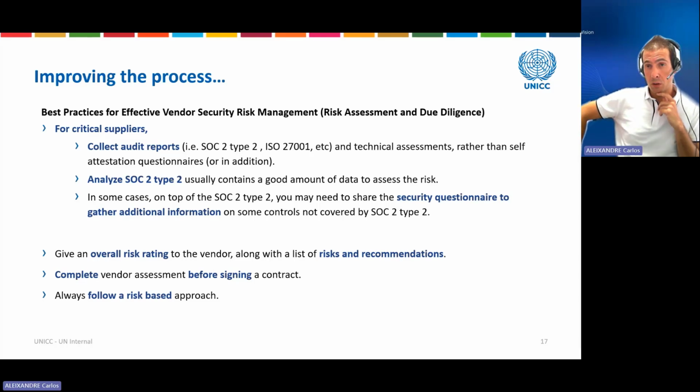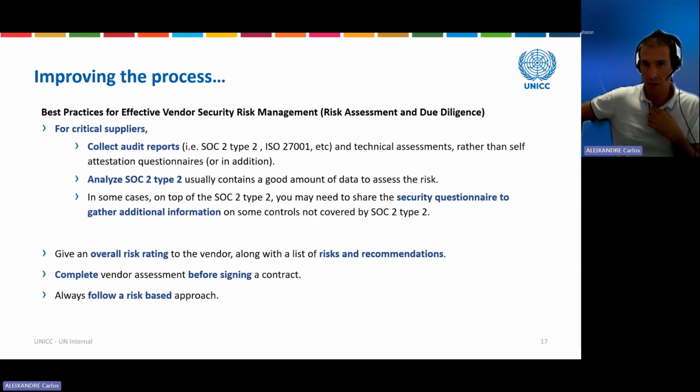And also, as I mentioned, on top of the SOC 2 Type 2 report, we may need to share our security questionnaire or a limited version of it to gather additional information and controls not covered by the SOC 2 Type 2 report, right?